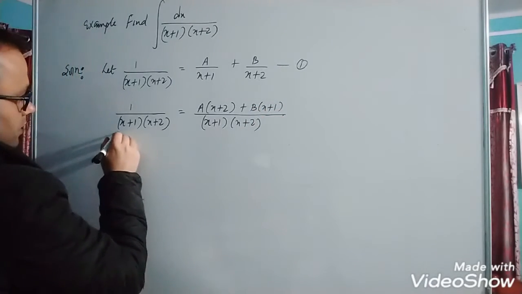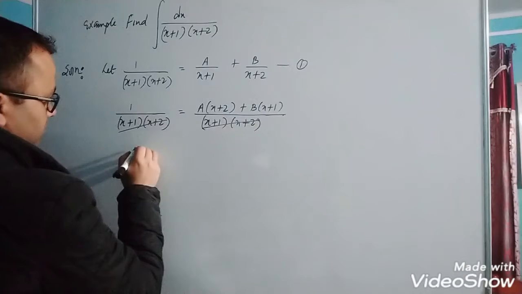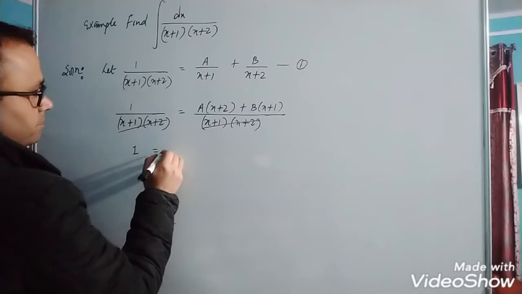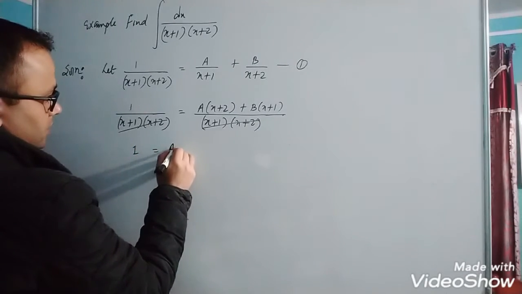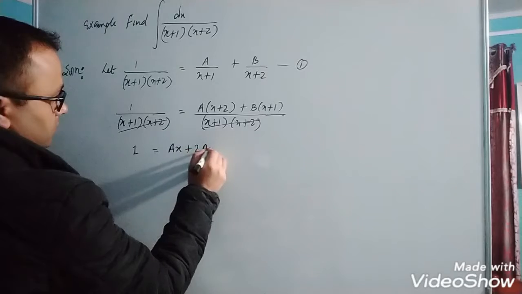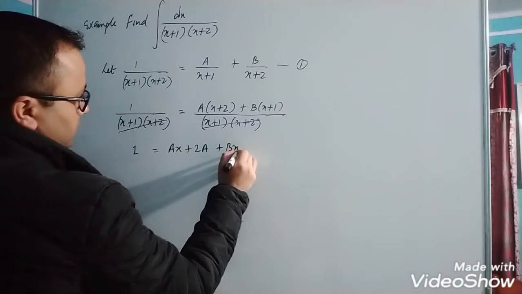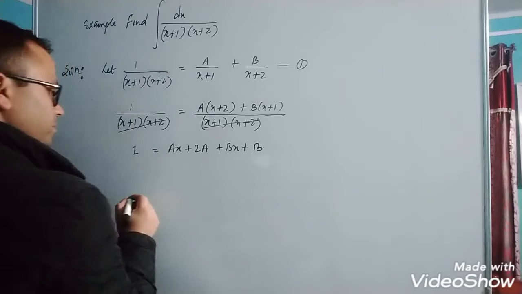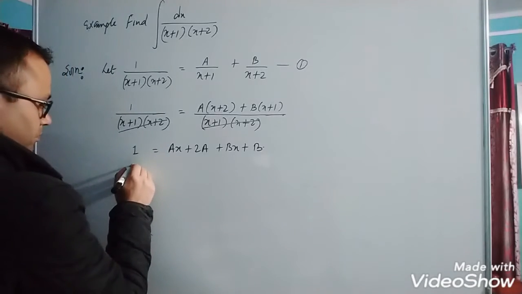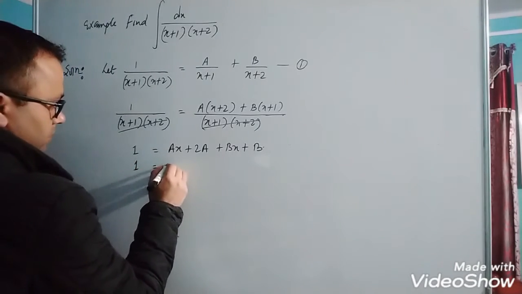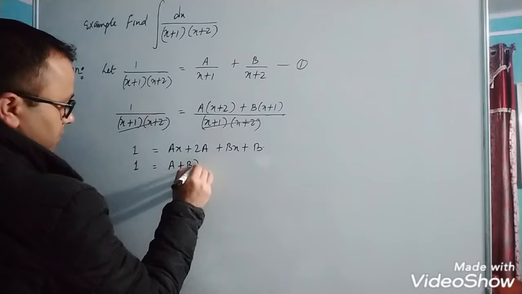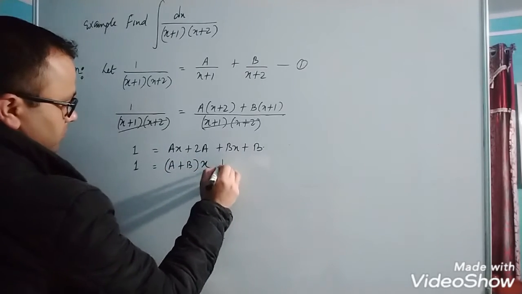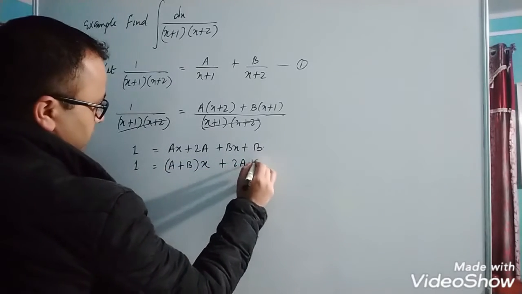Now we can cancel the denominator, so 1 equals ax plus 2a plus bx plus b. So 1 equals a plus b, with x common, plus 2a plus b.